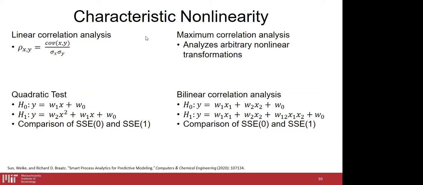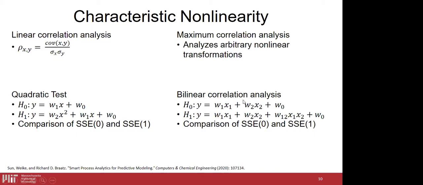In the end, I apply both of those to my data set and see whether the sum of squared errors for my null hypothesis or for my alternative hypothesis is bigger. I look at the difference of those, and there's a whole test statistic behind that. Ultimately, I also get a value scaled between 0 and 1, where 1 means that I have quadratic dependencies and 0 means that there are no quadratic dependencies, and I will get something in between. So the higher the value, the more quadratic dependencies are in my data.